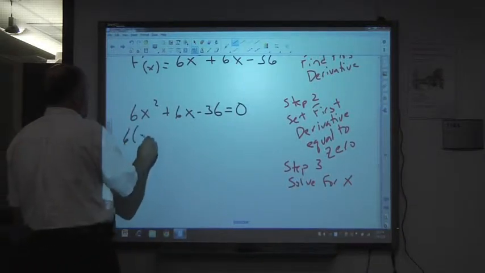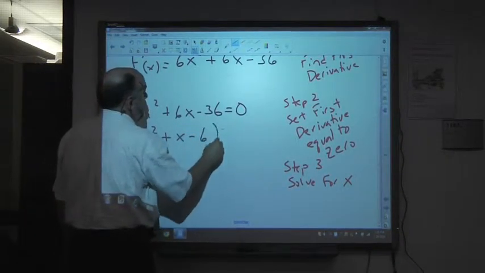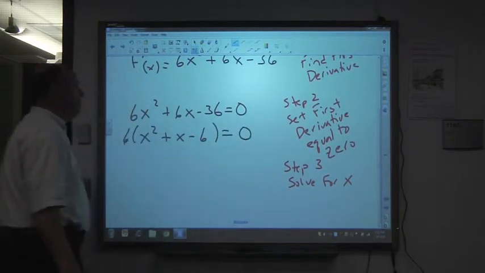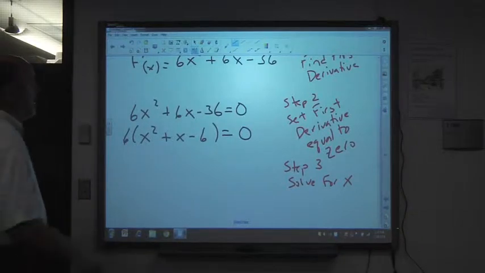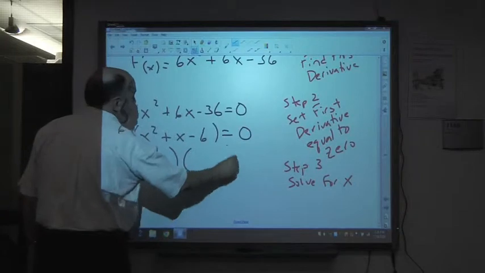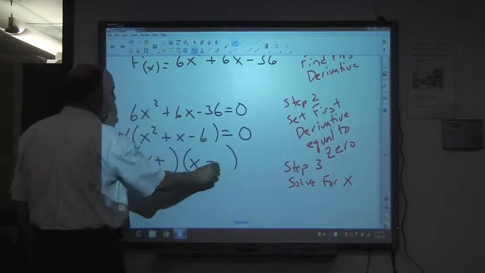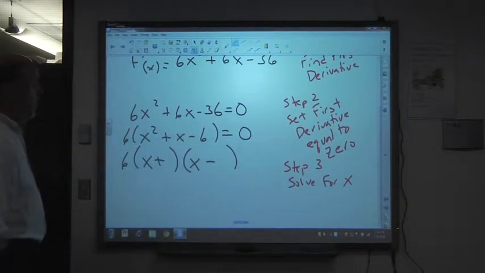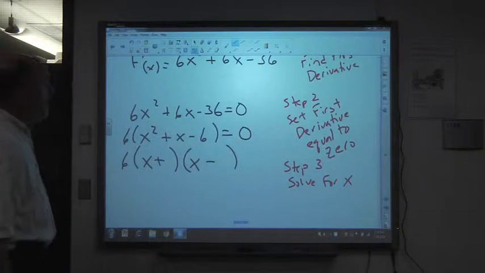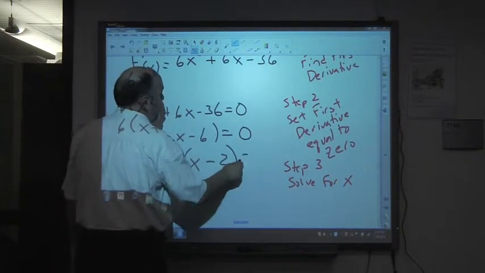That'll make this quadratic a little bit easier to deal with. Again, it's a quadratic, it's factorable. It's going to be an x and an x. It's a minus 6, so we know it's got to be a plus and a minus. And then we need two numbers that multiply together to give you 6 and have a difference of 1, and those will be 3 and 2.